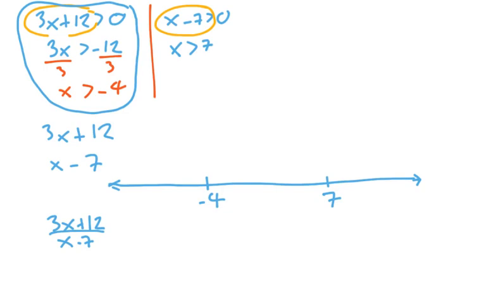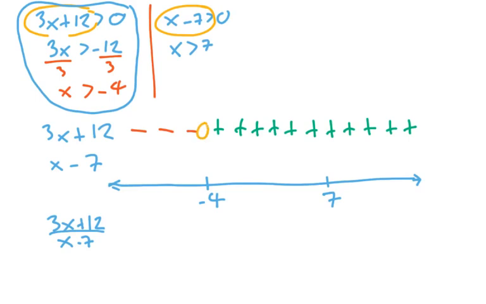So by the 3x plus 12, put a bunch of plus signs for all the numbers that are to the right of negative 4. And by contrast then, to the left of negative 4, you'd have to have negative signs. At negative 4, you would have a 0.